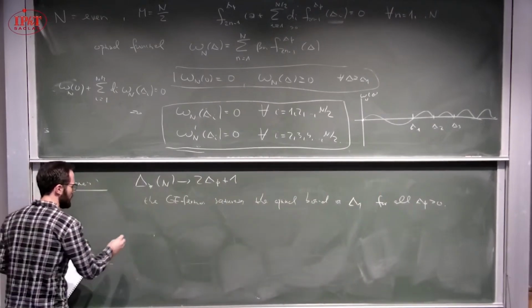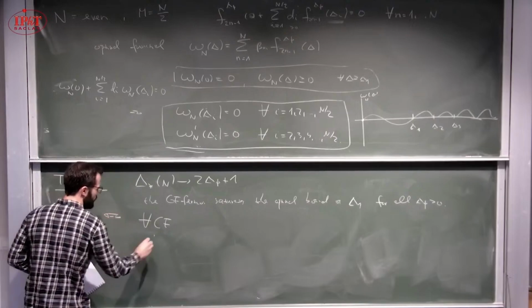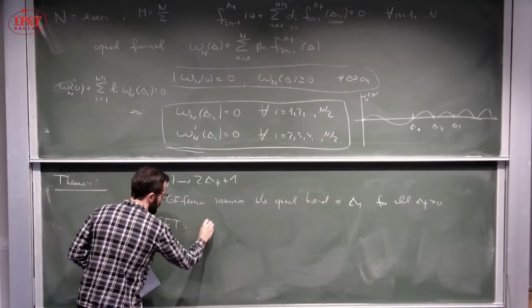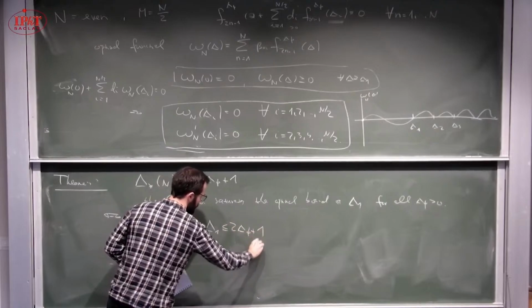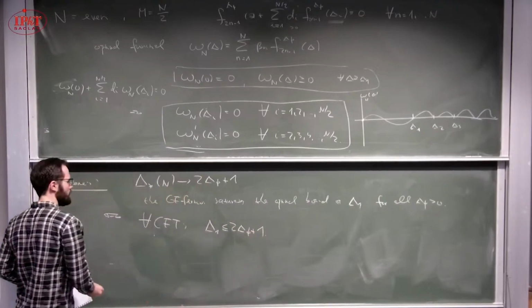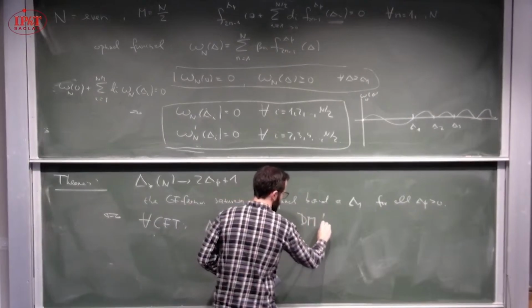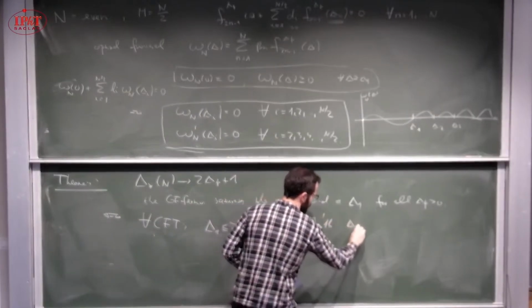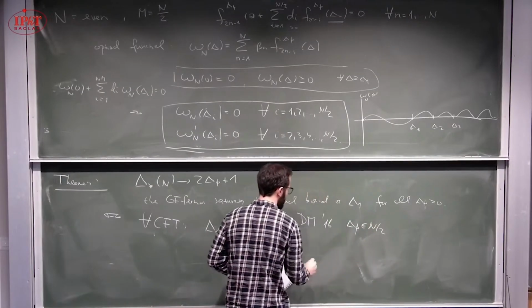Or in other words, for all CFTs, delta 1 is less than or equal to delta phi plus 1. And this was first proven in 2016 for delta phi which are integers or half integers.